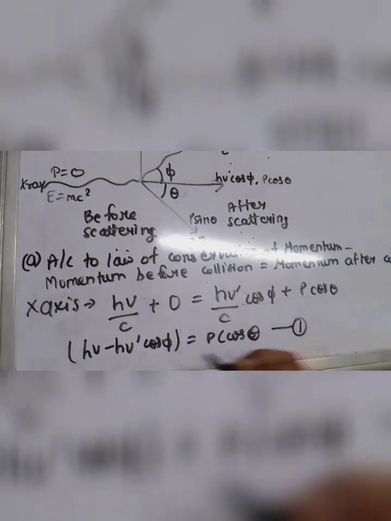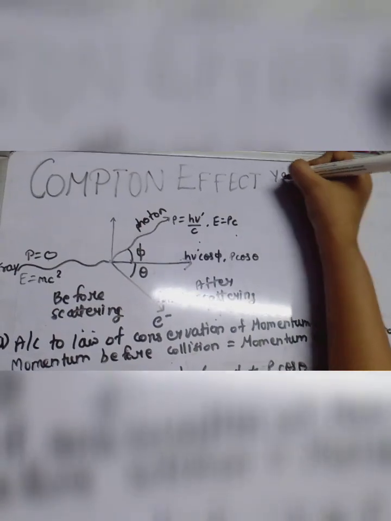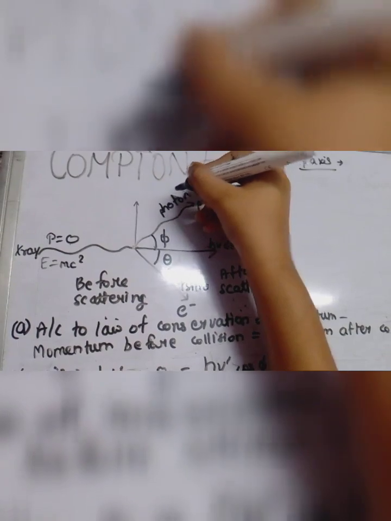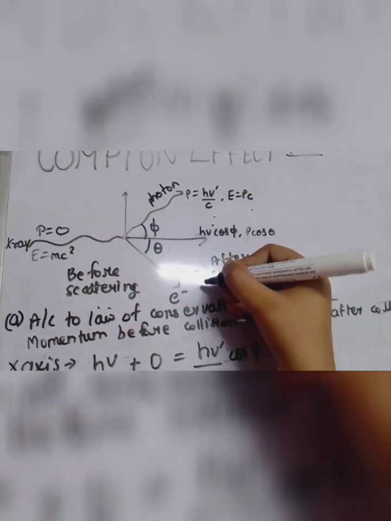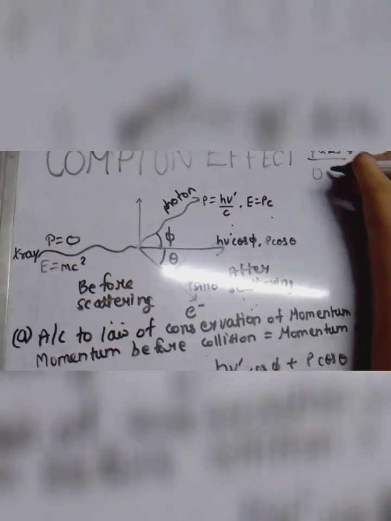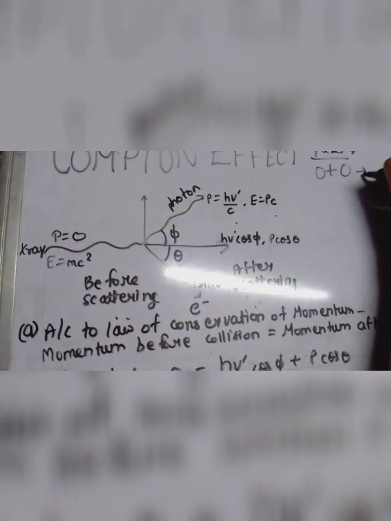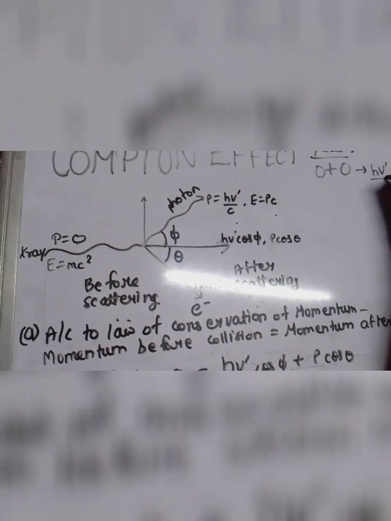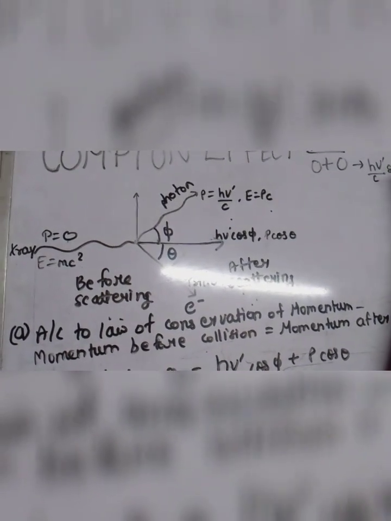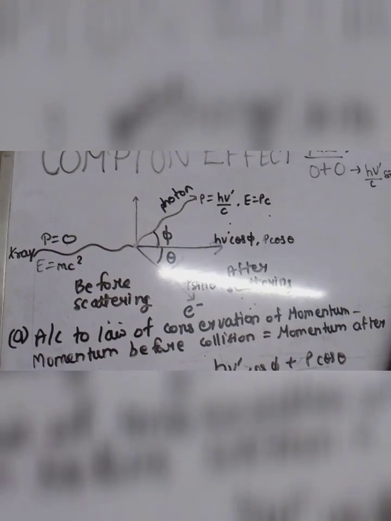Now I am applying this on the y-axis. On the y-axis you can see that it is 0 on the left, and on the right it is h mu dash sin phi and p sin theta. I am not writing h mu dash upon c sin phi, but it is here, and here there is nothing, so I take it as 0 on the LHS.